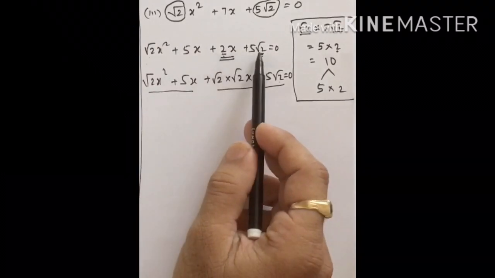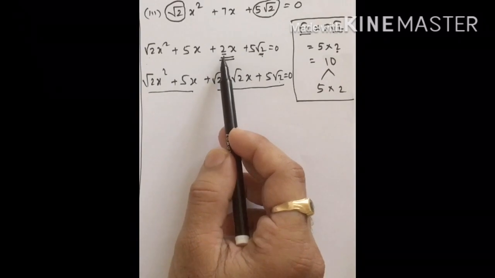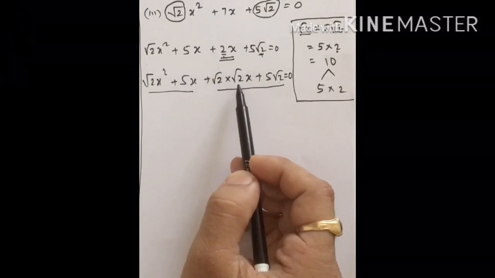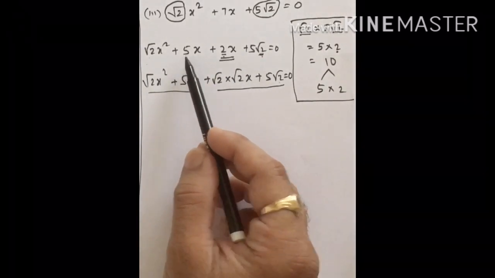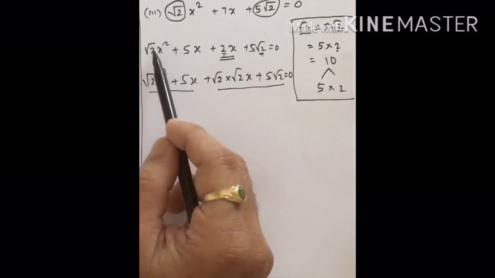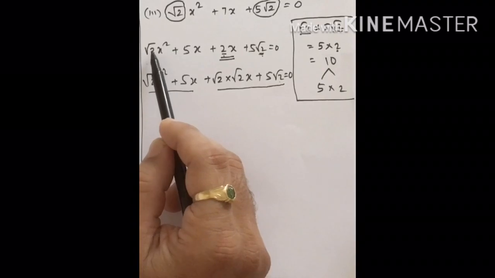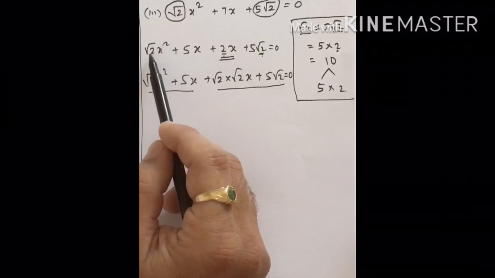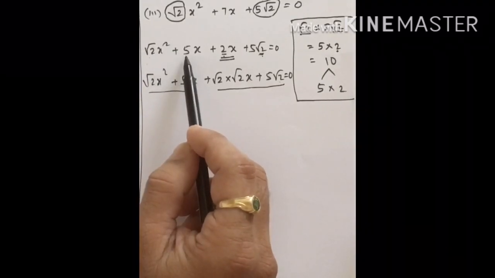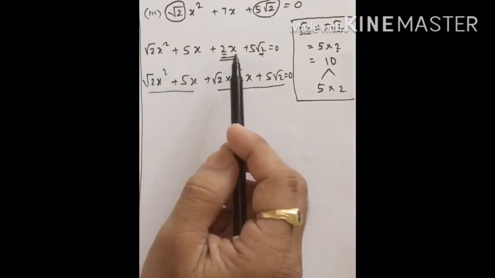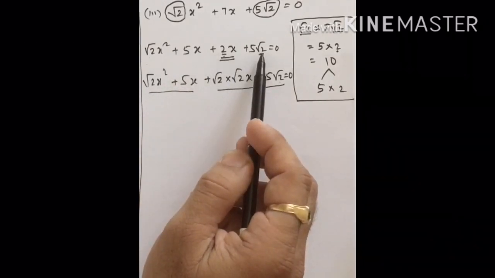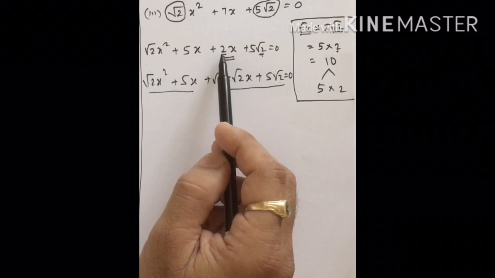Because there is root 2 here, so I have split 2 as root 2 and root 2. Why have I not split 5? Because inside this square root 5 is not there. If there is 5 inside the square root, then you can split this 5 as root 5 into root 5. There is 2 here and there is root 2 here, so I have split 2.